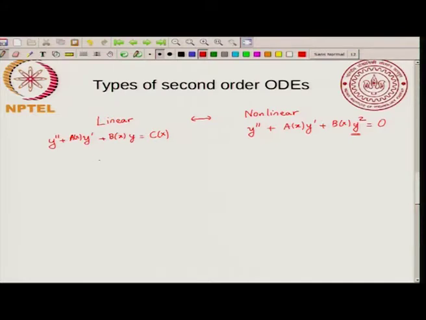Then you could have homogeneous and non-homogeneous.